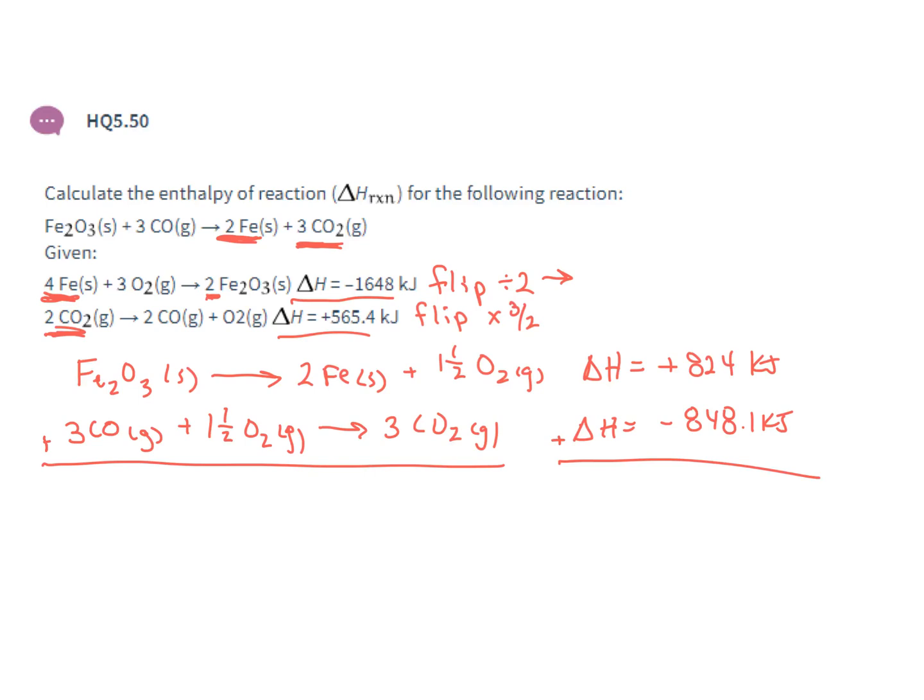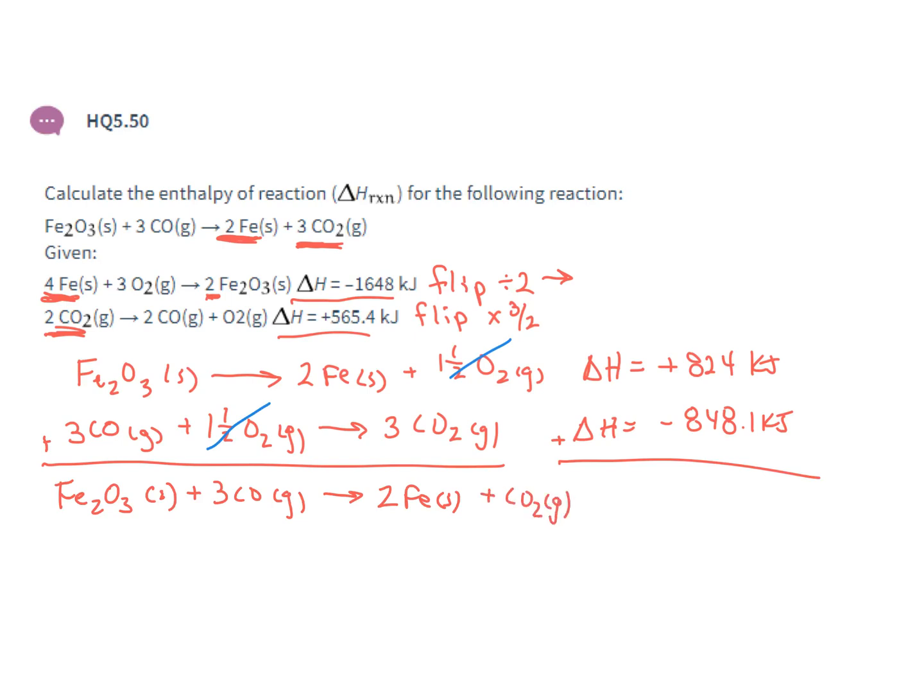When I add the reactions together, the 1.5 oxygen here will cancel out with that oxygen there, and my new reaction will be iron(III) oxide solid reacts with 3 carbon monoxide gas to produce 2 iron solid and 3 carbon dioxide gas.